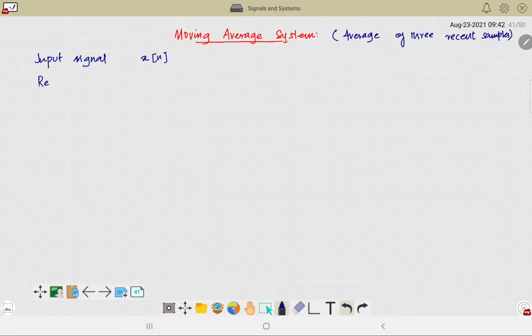So the recent signal samples will be: one, the current one, x of n, then one before that at time n minus 1, then one before that at time n minus 2. So your moving average system takes these 3 values, the current sample value, the previous one and the one previous to that, and then it takes the average.